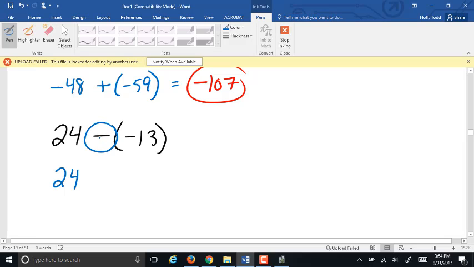This becomes plus the opposite of the 13, negative 13. What is the opposite of negative 13? Positive 13, or just 13. So 24 minus a negative 13 just becomes 24 plus 13, which is 37. Wonderful.